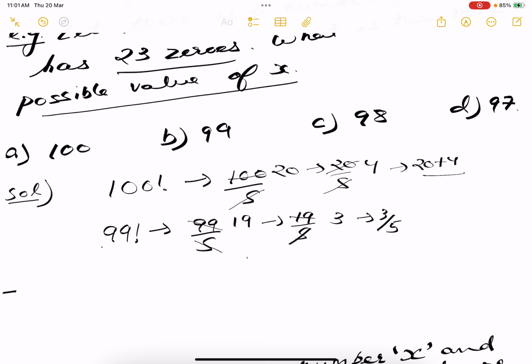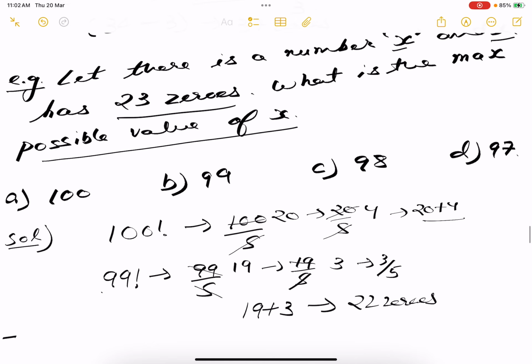So it comes out to be 19 plus 3, and this gives rise to 22 zeros. So 99 factorial gives rise to 22 zeros.